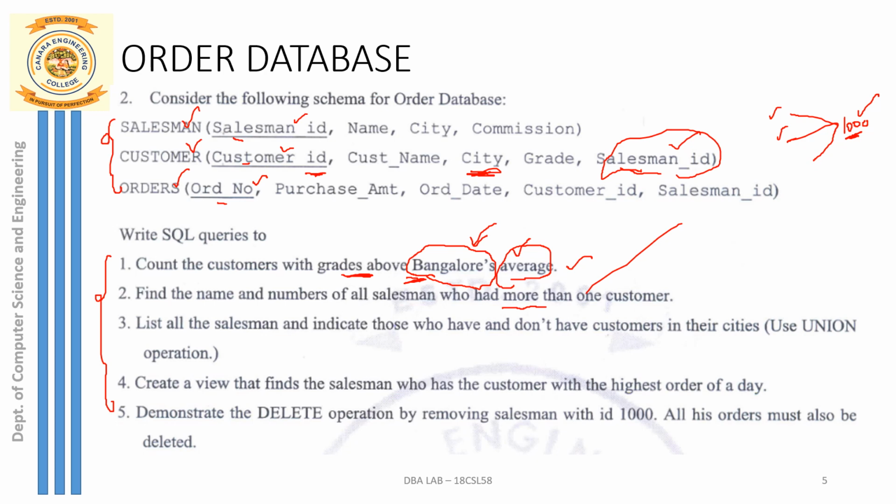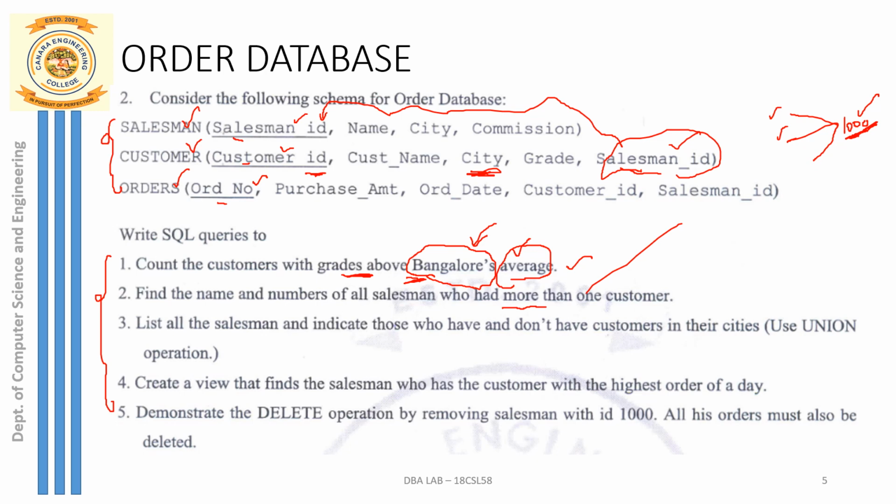This salesman ID is referencing the salesman ID that we have already inserted into the salesman table, right? So the salesman ID that you take into the customer table should be the same value that you have already inserted into the salesman table. I hope the second query part is clear.